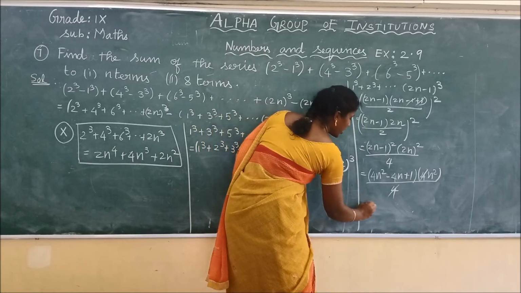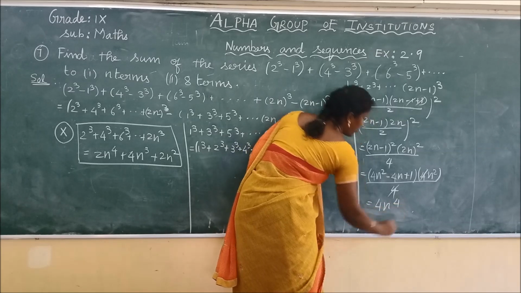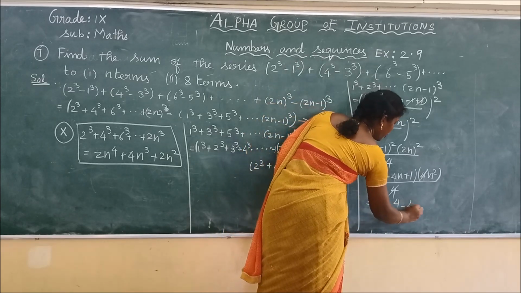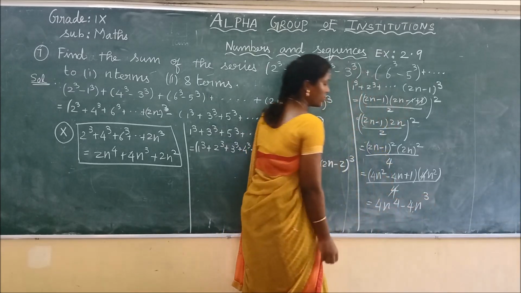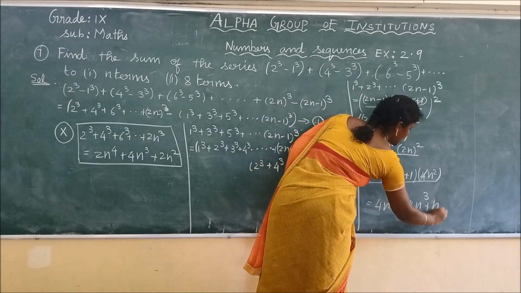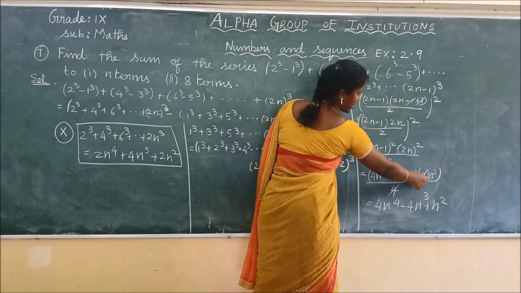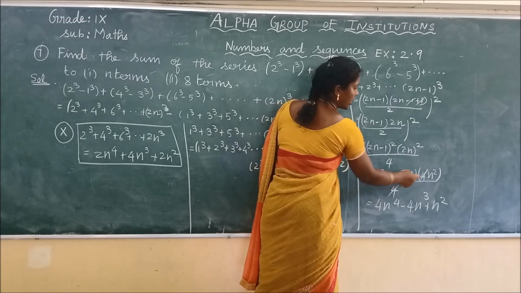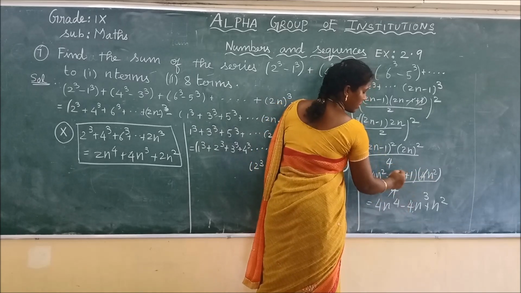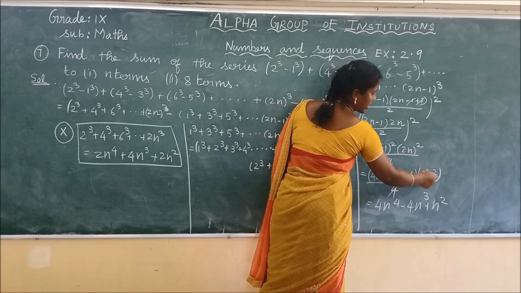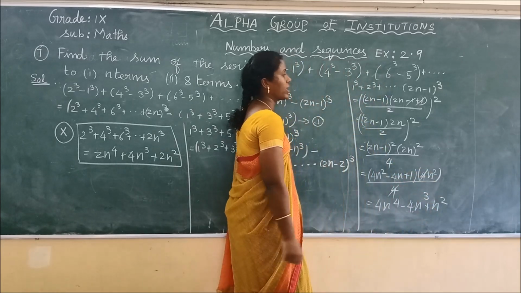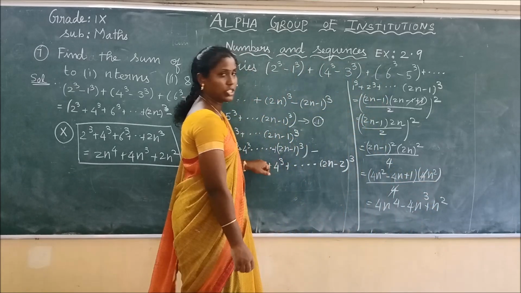If I multiply n square here, 4n power 4 minus 4n cube plus n square. See, 4n square into n square is 4n power 4. 4n into n square is 4n cube, minus; this is also minus 1 into n square is n square. Okay, this is the value of this equation.